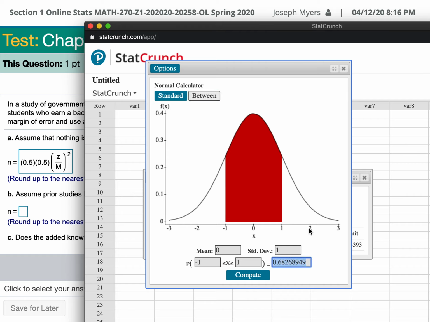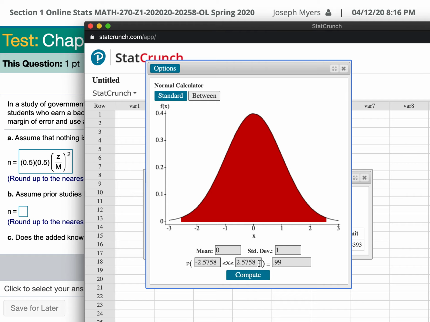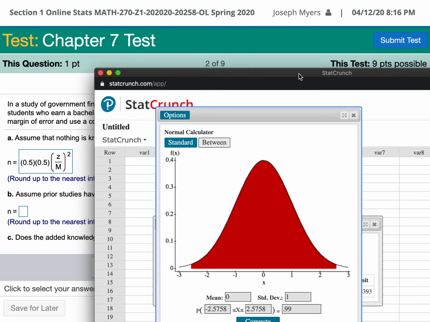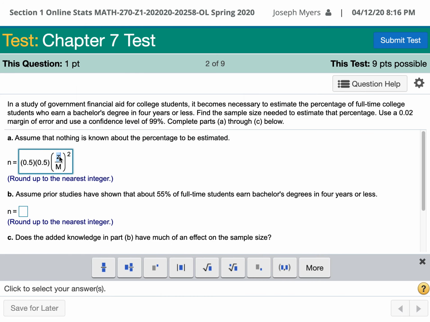Then you want to have 0.99, then click compute. Yes, so the z value is actually 2.5758, or about 2.576 for 99%. So you would use this number right here for this value, and then for the margin of error you would use a 0.02 margin of error.